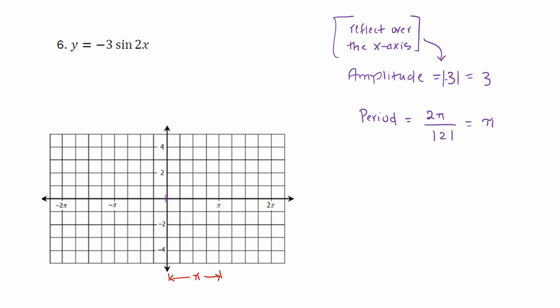Now, we would have placed it at pi over 2, but since we're compressing it, because our whole complete cycle has to be completed within pi, we're now going to be going to pi over 4 all the way down to -3. Okay, and then we would go up to 0, then up to 3, and then back down to pi.